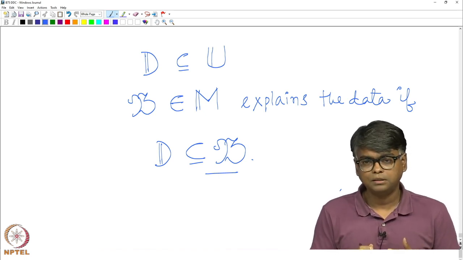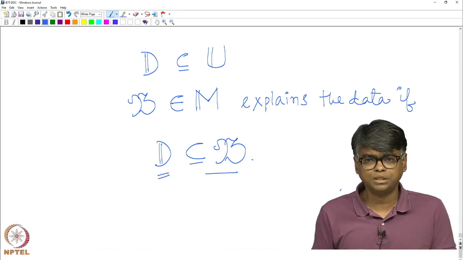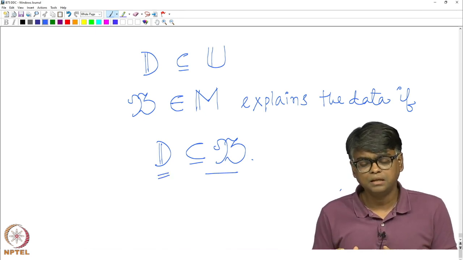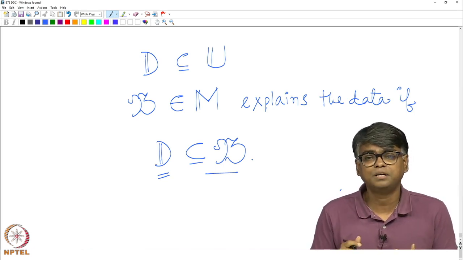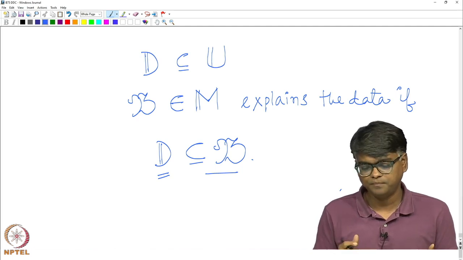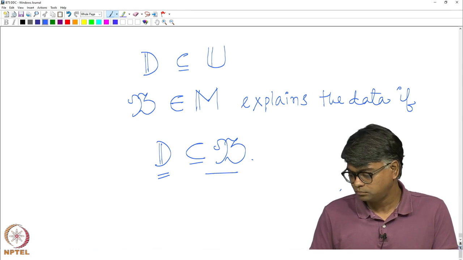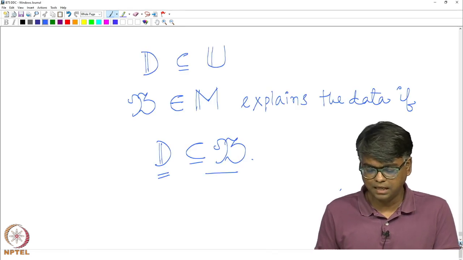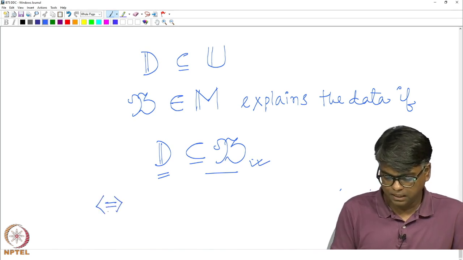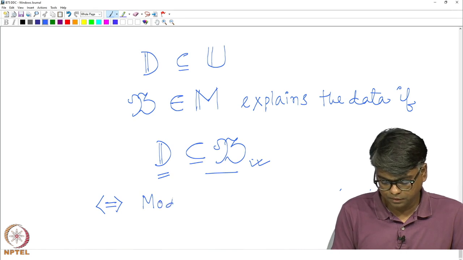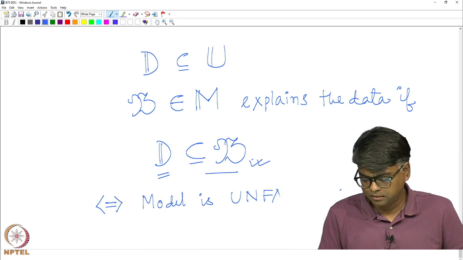When I say that the dynamical system explains the phenomenon that has been observed through the measured data, it essentially means that among the trajectories allowed in the behavior, the given data set trajectories are also there. That is why B explains the data. Okay. Now, in that sense we also say that this model, listen very carefully, is unfalsified by the data.